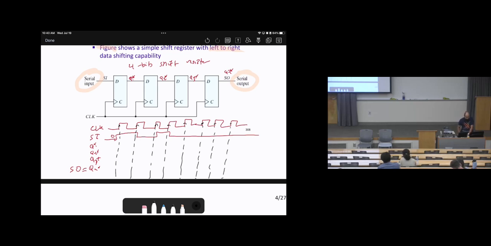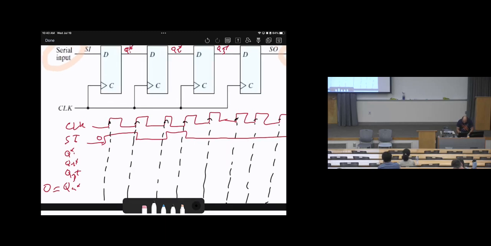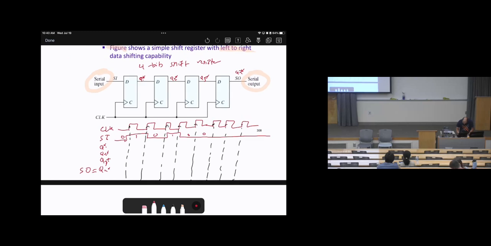Here is 1, 0, 1, 0, 0, 0, 0, 0. So the serial input sequence was like this: 0, 1, 0, 1, 0, 0, 0.